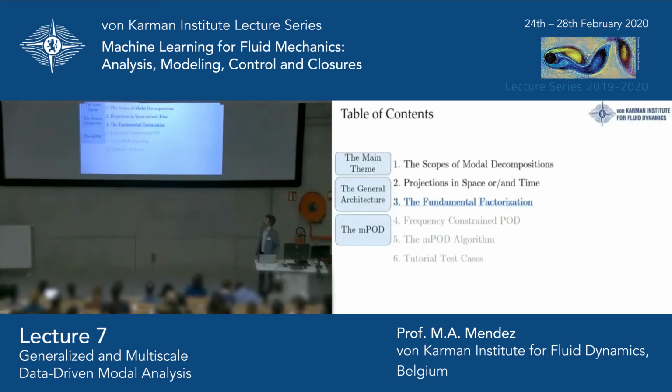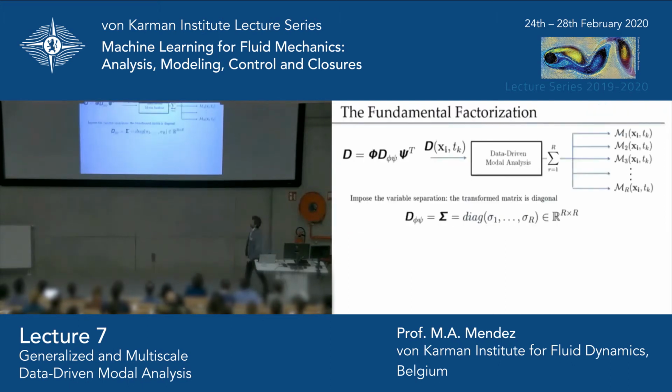Which takes us to the fundamental factorization. The fundamental factorization is simply saying, okay, I want this guy to be diagonal, so that the column basis element 1 is coupled only with the row basis element 1, and no mixed interactions. And for this particular case, when I have a diagonal entry, I will call it sigma.